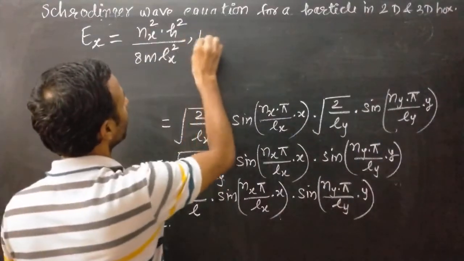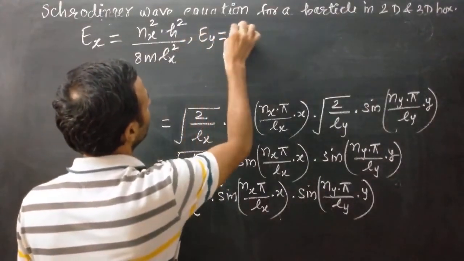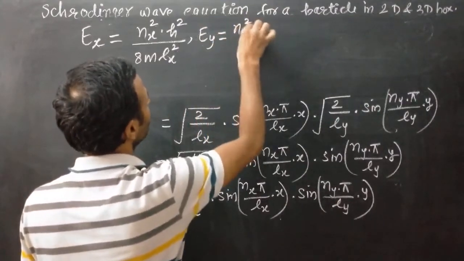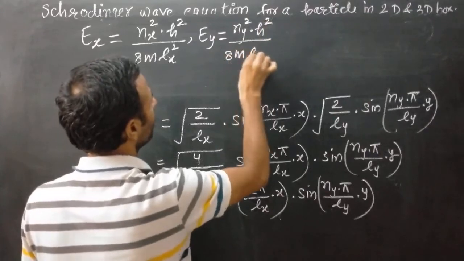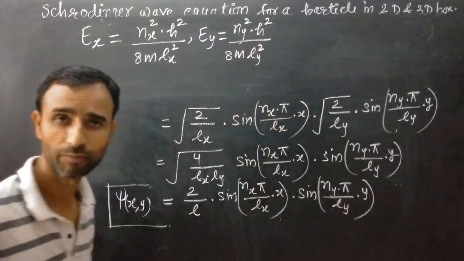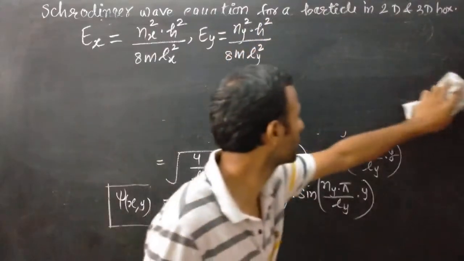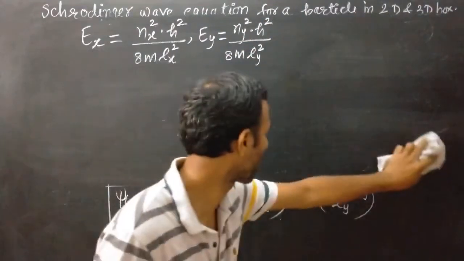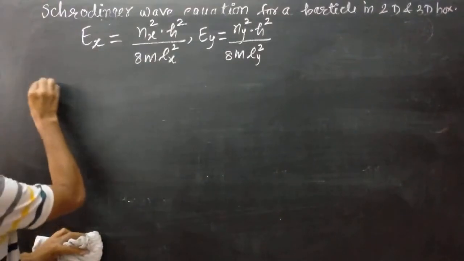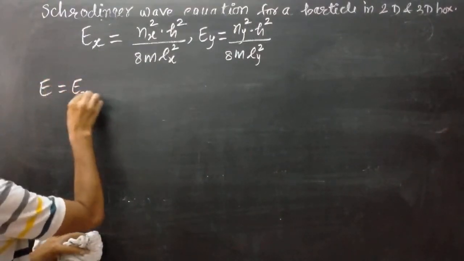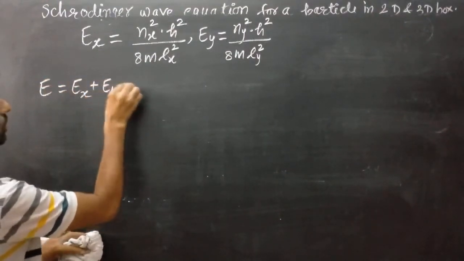And Ey is equal to ny²h²/8mLy², right? So from these two values of energy along the x-axis and y-axis, total energy is equal to Ex plus Ey.